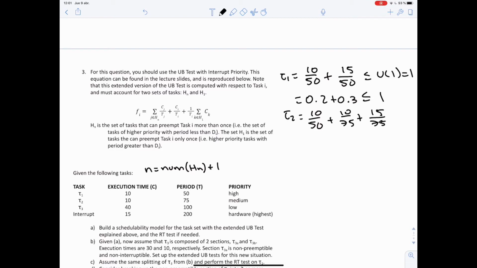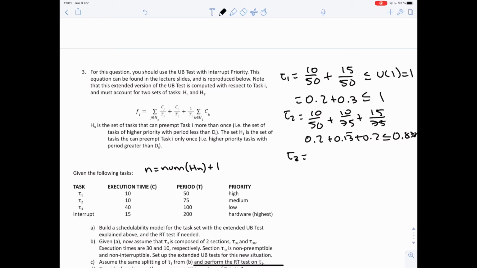And this is equal to 0.2 plus 0.13 plus 0.2. And now we have a task in HN, so n is going to be 2. So the utilization bound is going to be 0.878. And this is still less than that. So task 2 is schedulable.